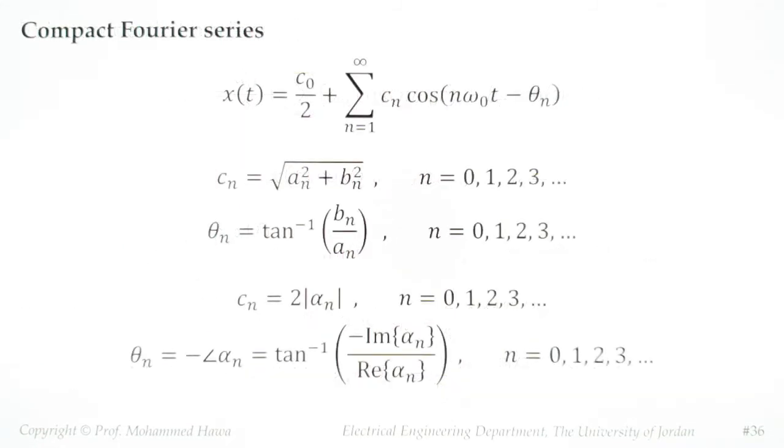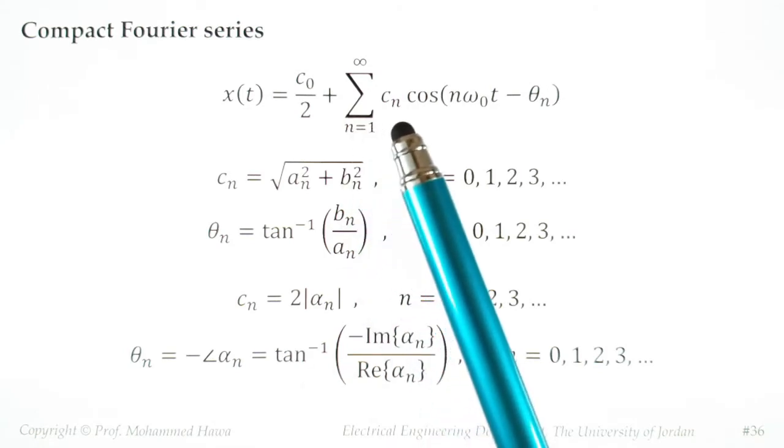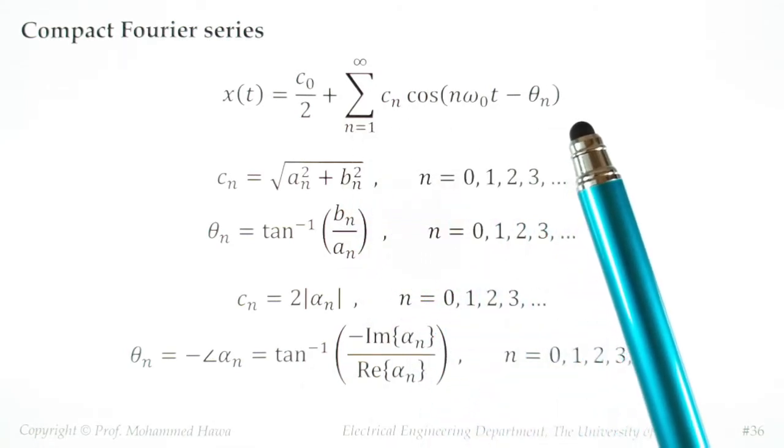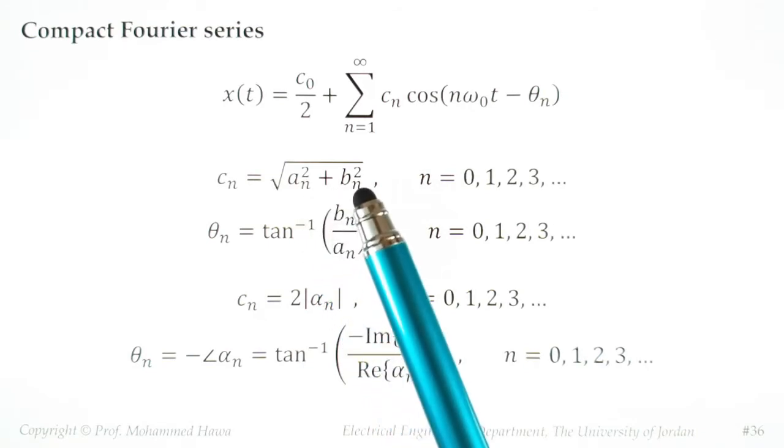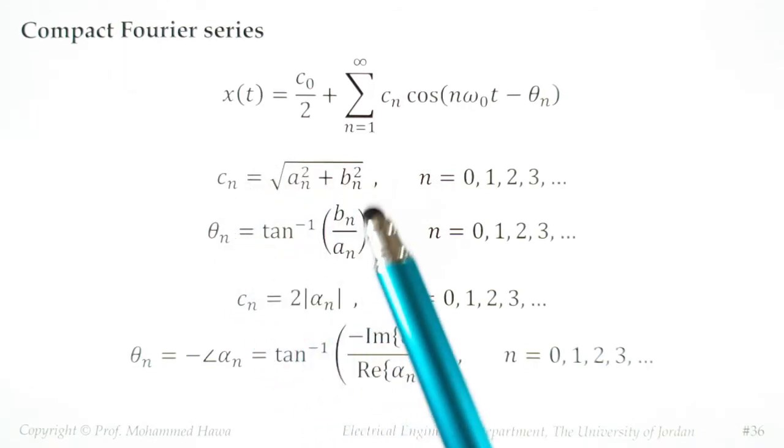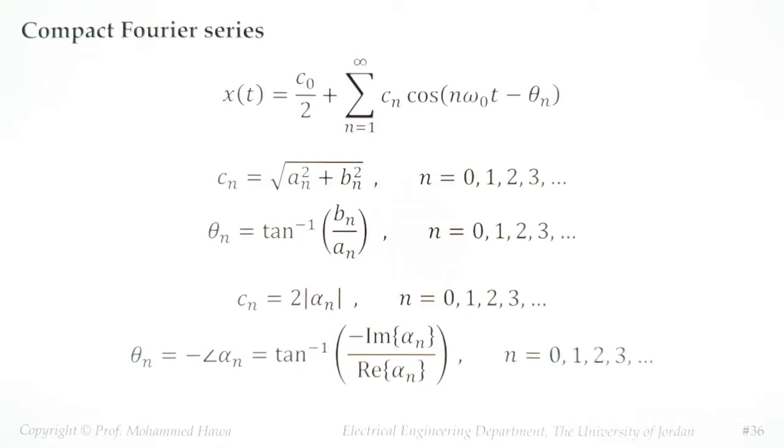Finally, the compact form. Unfortunately, we don't have direct integrals to find Cn and theta n. However, if you can find an and bn, do the integral here, use those 2 equations to calculate Cn from an and bn, and to calculate theta n from bn and an. Just find the previous integrals and then substitute in those equations.